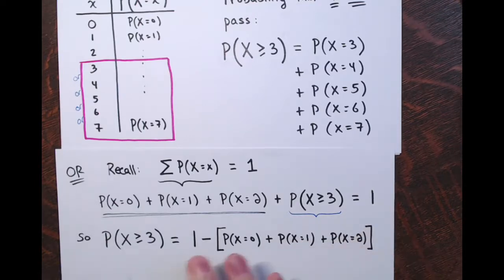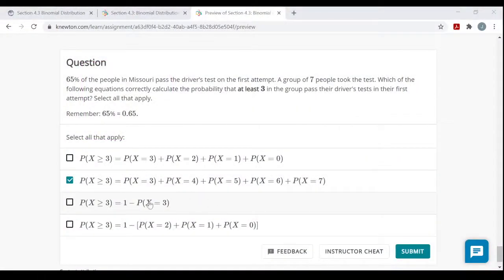So this is an alternate way of finding the probability of getting at least 3 successes, which, back on the assignment, is this expression down here as well. See, 0 plus 1 plus 2, and then you do 1 minus that.